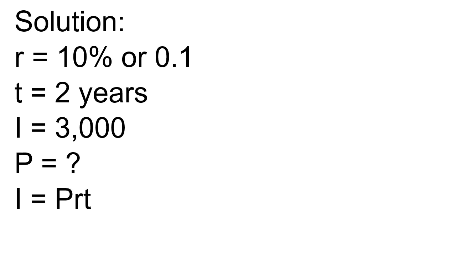So we can derive the formula to solve for P. I equals PRT, just divide both sides of the equation by RT. So we have P equals I over RT. So we can make use of this formula to solve for the principal amount.